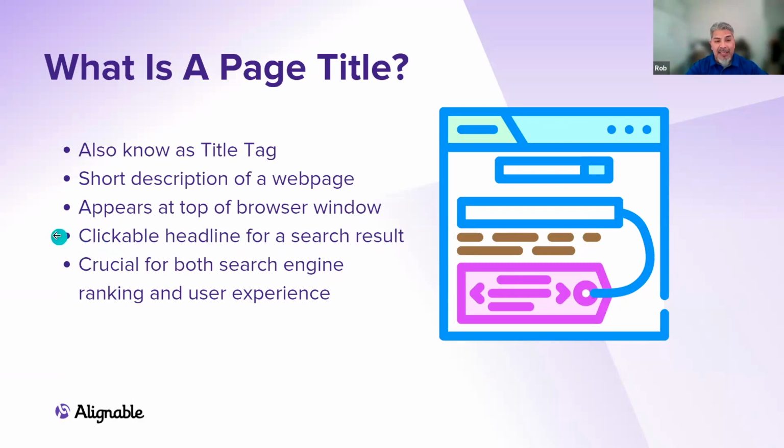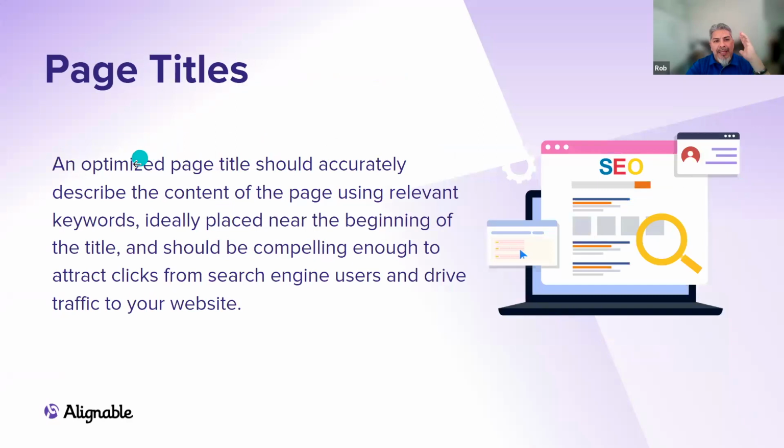And I wanted to emphasize that because we're going to get into that. And it's really easy for me to rattle these 5 lines off and you're like, okay, whatever. But you really need to pay attention to this. It's the clickable headline for a search result, okay? And then it's crucial for both search engine ranking and the user experience, okay? So page titles.